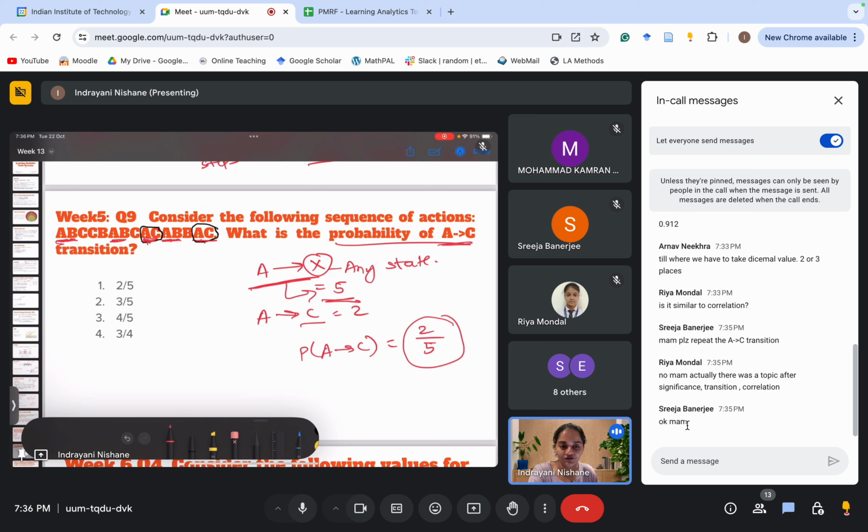This correlation is between different transitions, the states, how from one state we are going to another state, and that correlation was between the variables, independent and dependent variable. So even though the word correlation remains the same, the context is different.